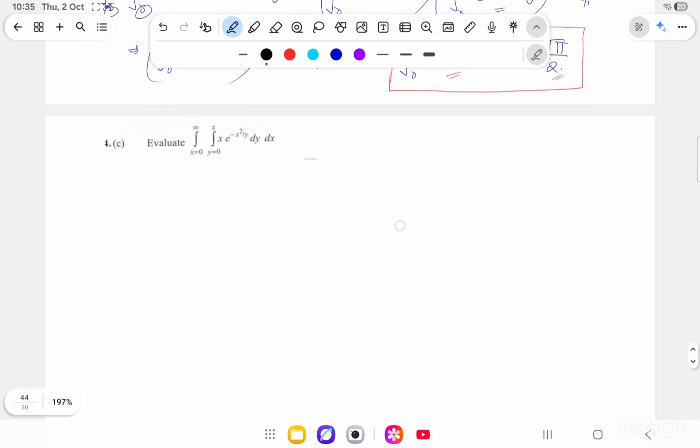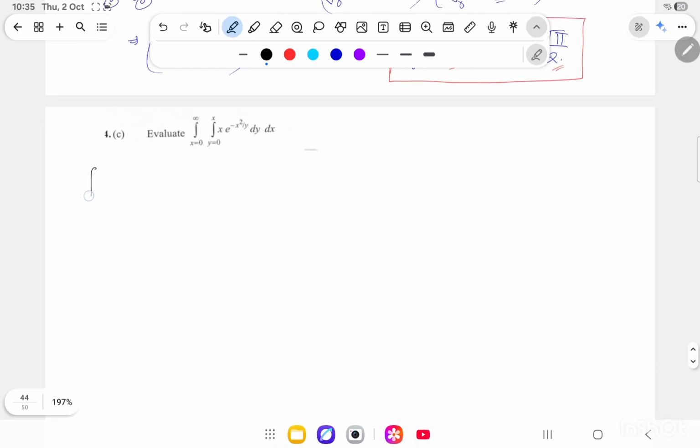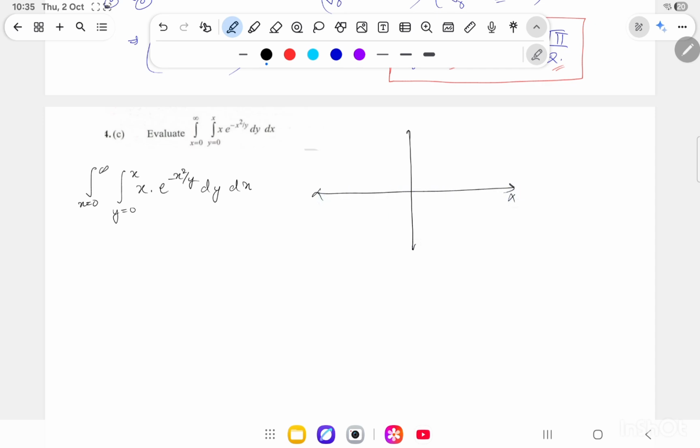So the integration that is given to us is integration from x equals to 0 to infinity and y varying from 0 to x, of x e raised minus x square y dy dx. Now first let's see the area over which we are supposed to evaluate it. So that will be x-axis, y-axis.